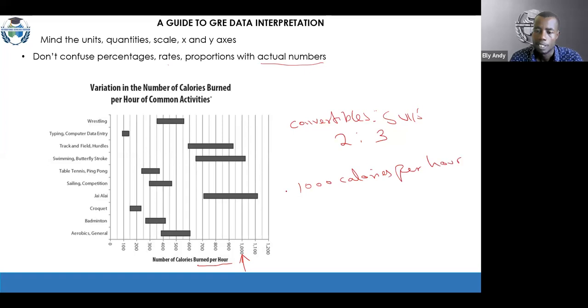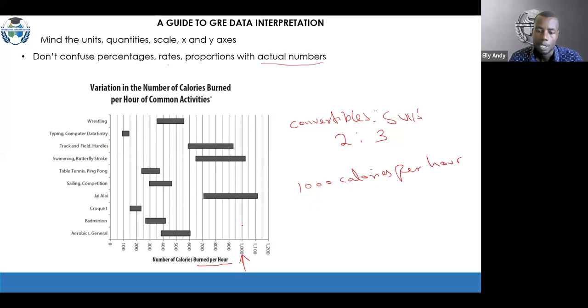And that means, if you are tackling a question based on this chart, you'd be wise to keep in mind that it is not 1,000 calories total, but 1,000 calories burned per hour.